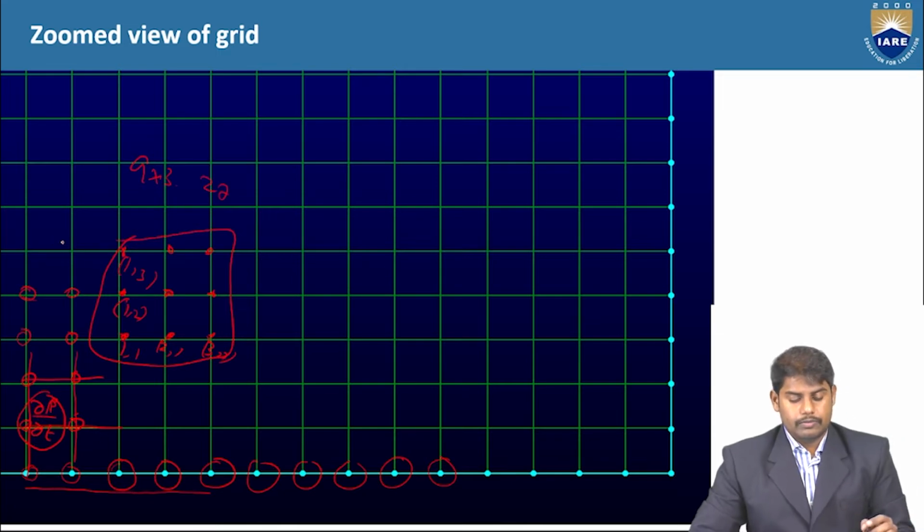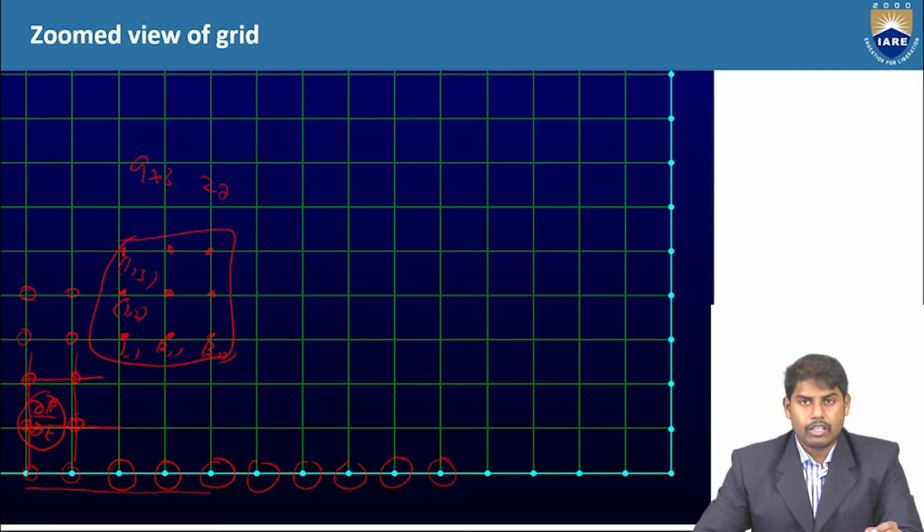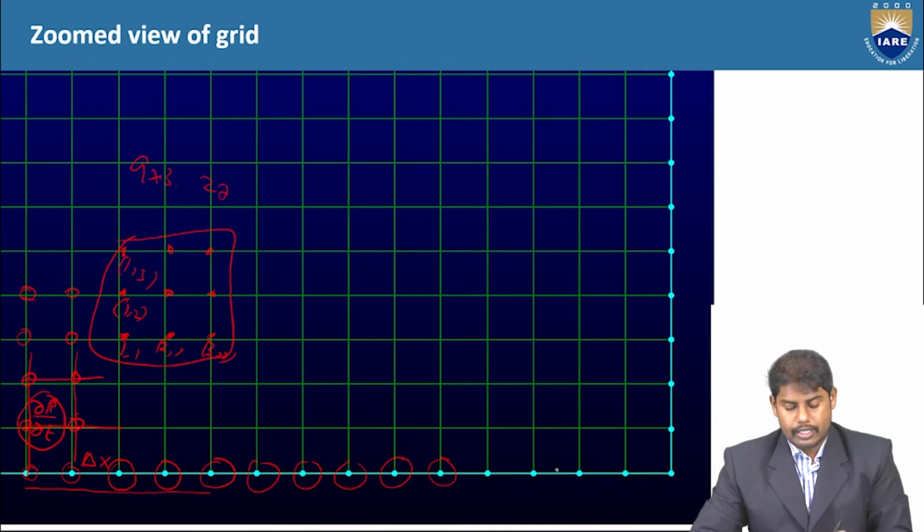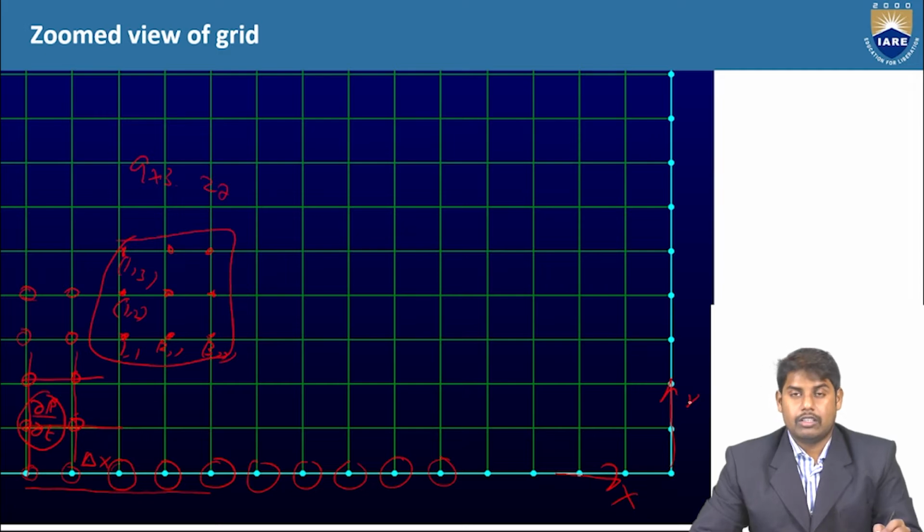Okay, so here you can see there are grid points. You have 1, 2, 3, 4, and so on. The distance between two grid points is nothing but the spacing, actually the grid spacing. So what is the spacing here? It is delta x. Why? Because let's take this as along the x-axis and this as along the y-axis.